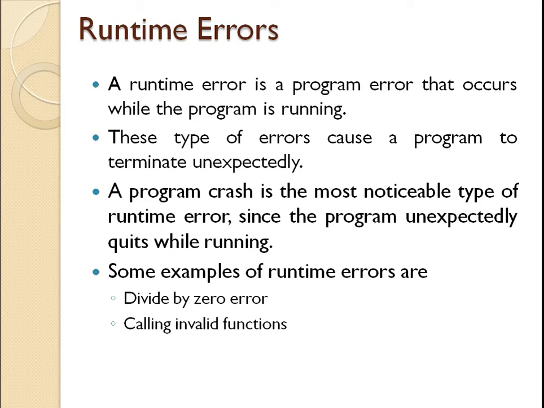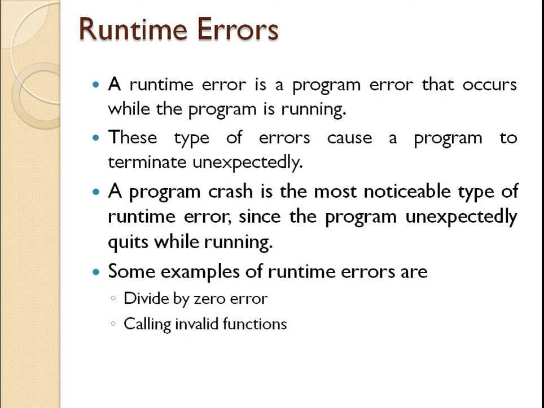Next we have runtime errors. The name is absolutely clear. The errors that occur when we run the program are called runtime errors. A runtime error is a program error that occurs while the program is running or executing. These types of error cause a program to terminate unexpectedly.